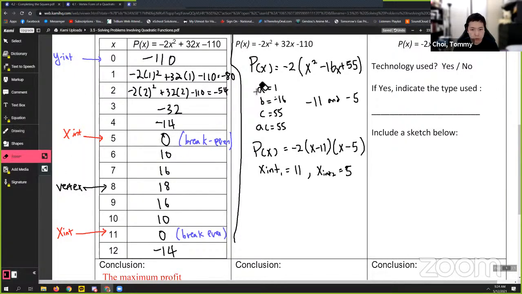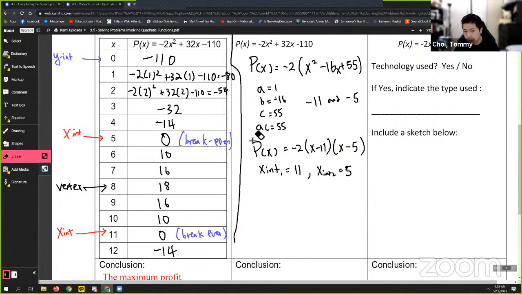And so I'm just going to erase this section up here because I want to get some extra space for the extra work here. So I'm just going to leave it for a little bit for people to copy. But now let's go further. Let's find the vertex. So let's practice finding the vertex here, right? For our equation.